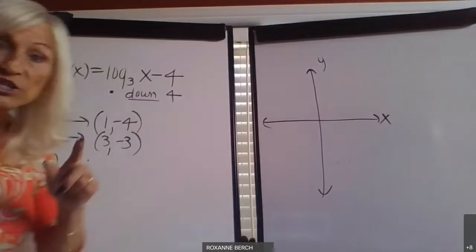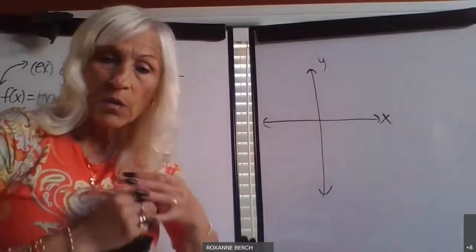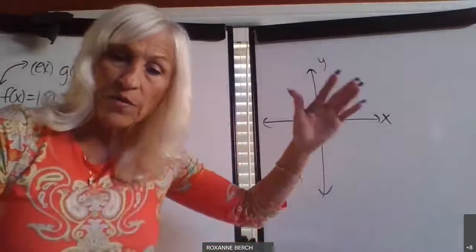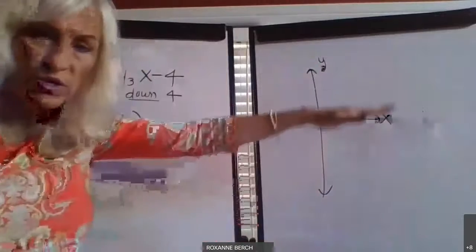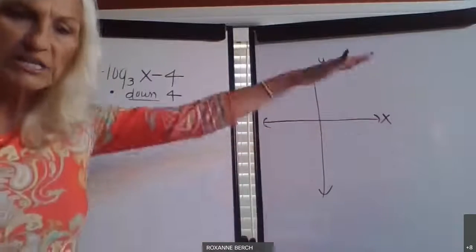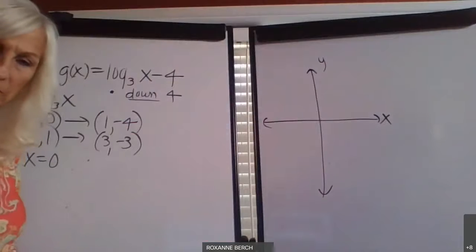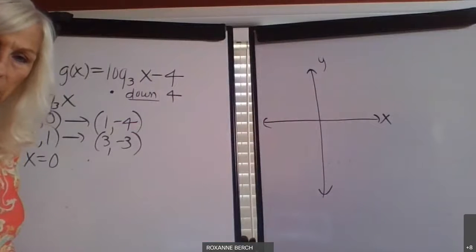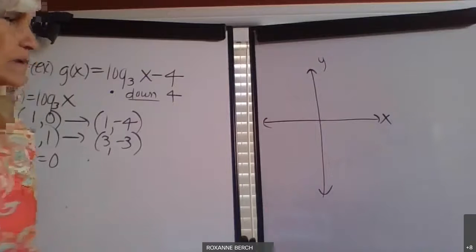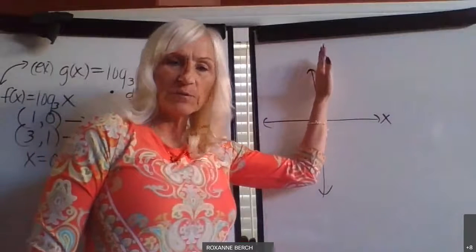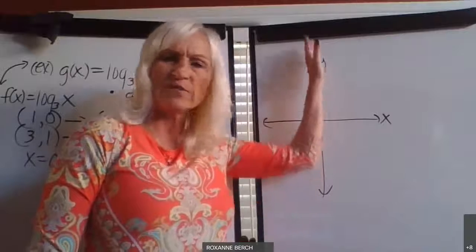And now let me ask you something. Remember with exponential growth, the horizontal asymptote was changed by K. Who do you think changes a vertical asymptote? If you have a vertical asymptote, do you think K is going to change it? It already goes forever up and down.